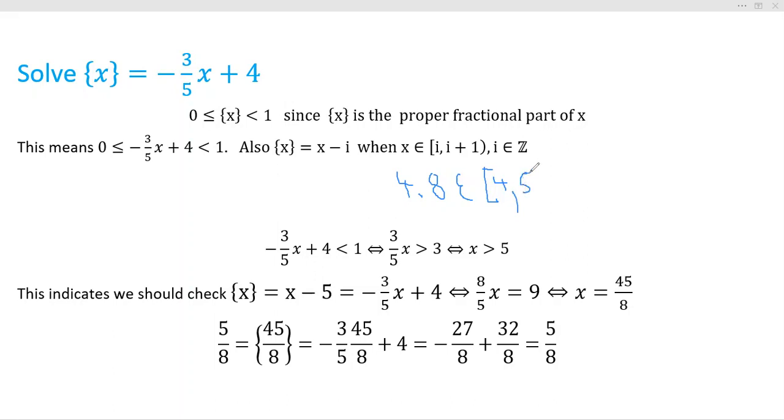Now, we already know what the fractional piece is. It's got to be 0.8, right? But this is just a way to make it more operational in terms of solving these equations.